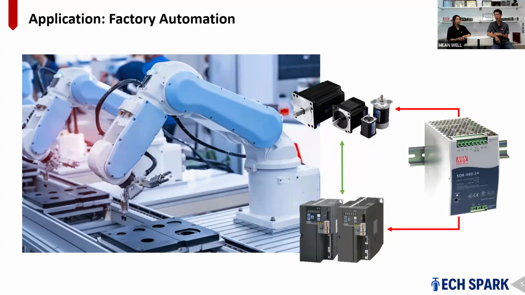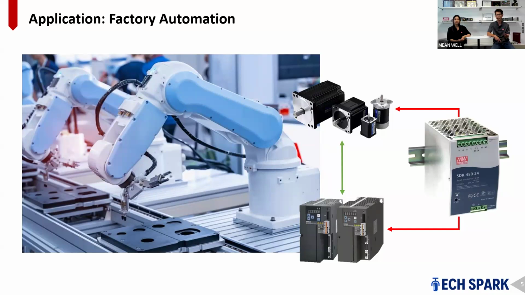So yeah, in applications such as industrial automation, for example the robot arms in the production line, the motors usually are integrated into the robot arm, and servos are needed to communicate with those motors and send the command to provide the appropriate operation.